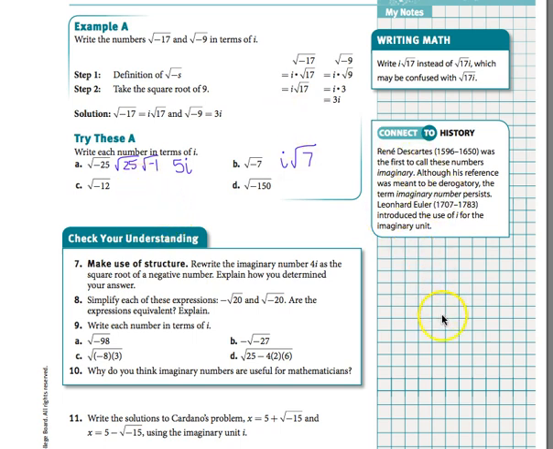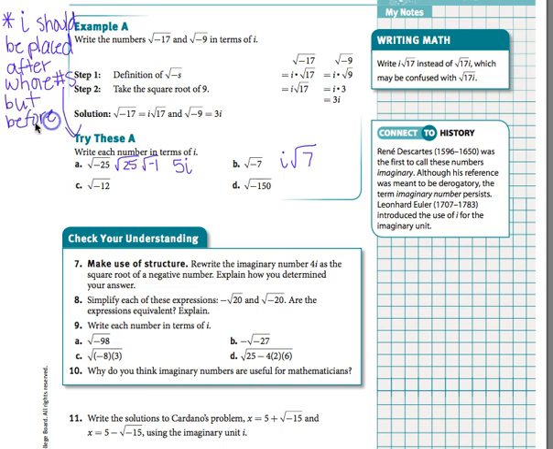Now, something that's really important is how we write our imaginary numbers. So out to the side, make sure you jot this down. i should be placed after whole numbers, but before radicals.